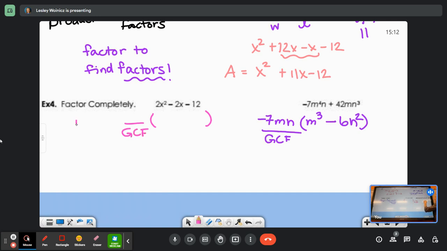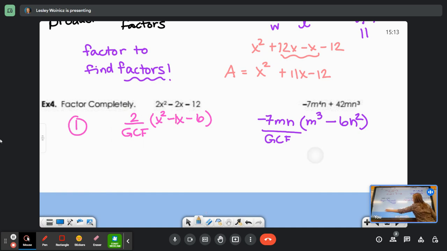Okay, so number 1 is the GCF. So that's 2. So what's left in our parentheses? X squared minus x minus 6. Good. What is the coefficient here in front of this x? 1. Yeah, it's a -1 right there, right?